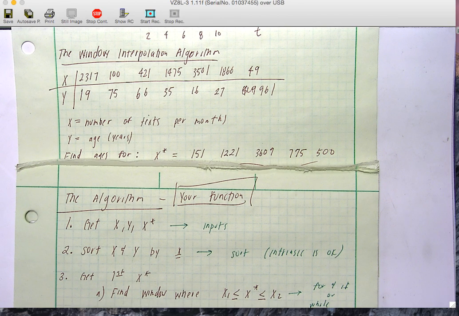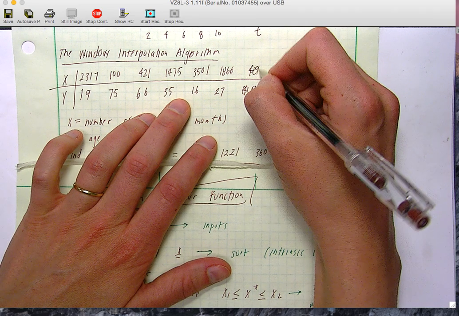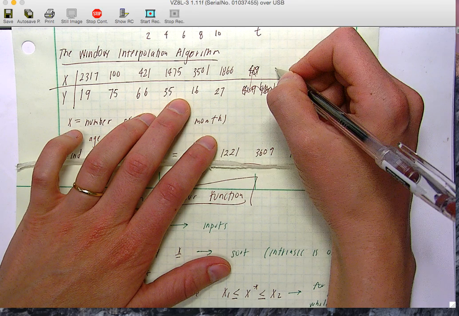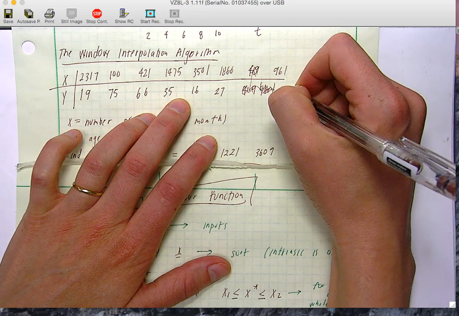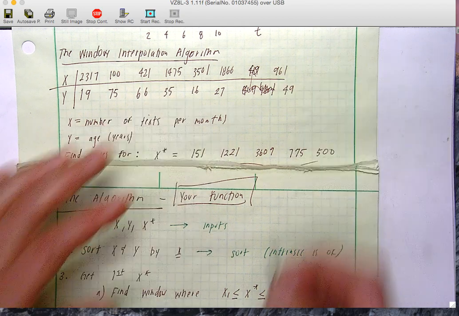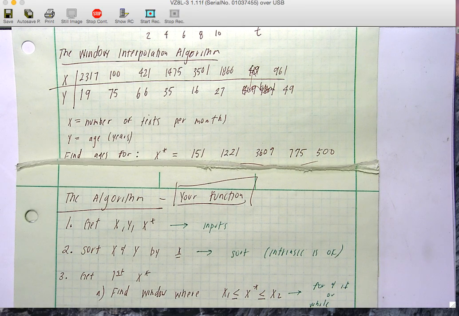Probably the one above. Oh yeah, these are opposite. I wrote these in the opposite in my notes. Okay. So the smallest is 100 then? Yep. And then 421. And then what? 961.